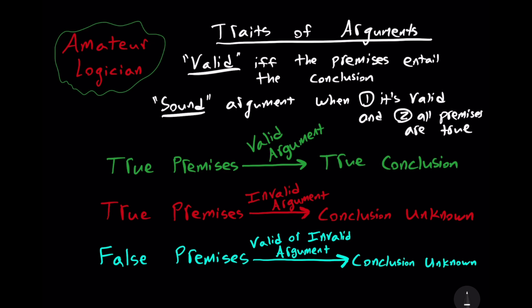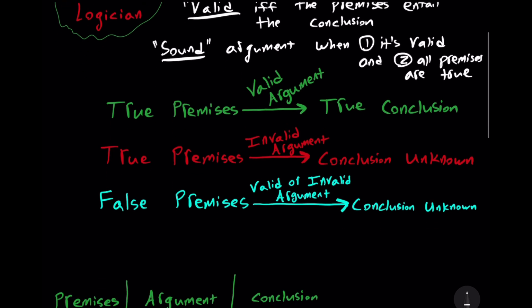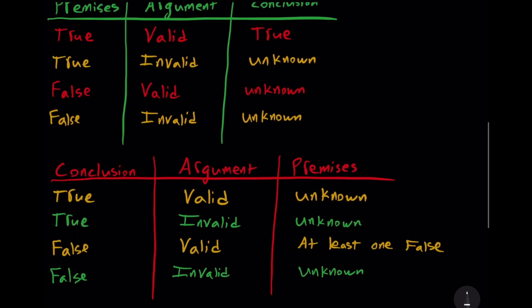With a sound argument, we're guaranteed a true conclusion. So logic helps us extend our knowledge. It does so when we already have some premises we know are true. We can then apply the tools of logic to validly derive new things, to validly derive a true conclusion based on true premises.